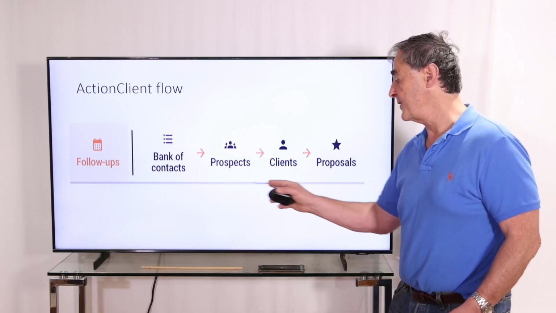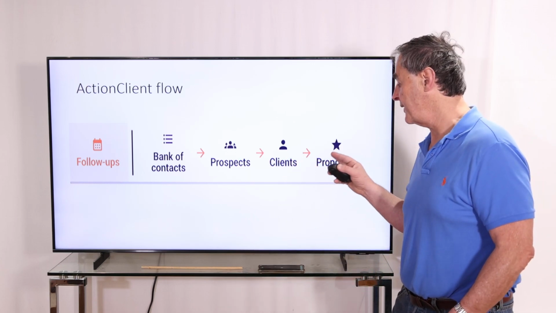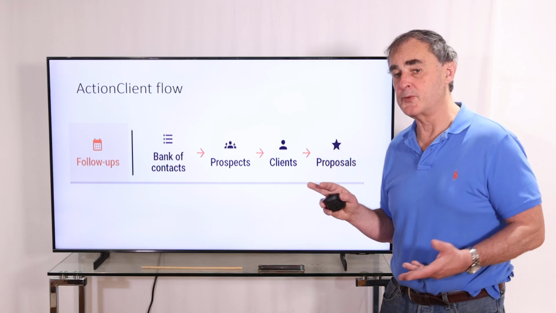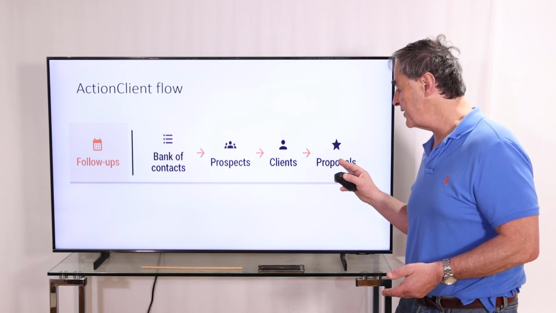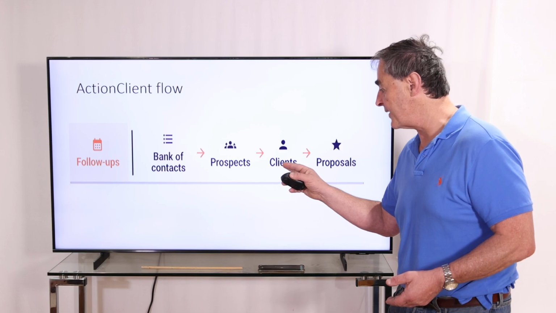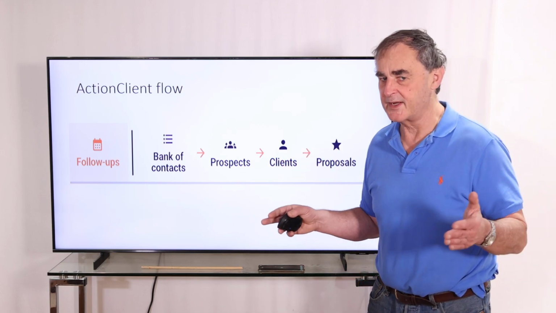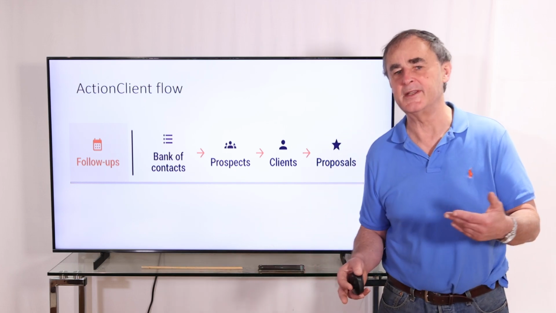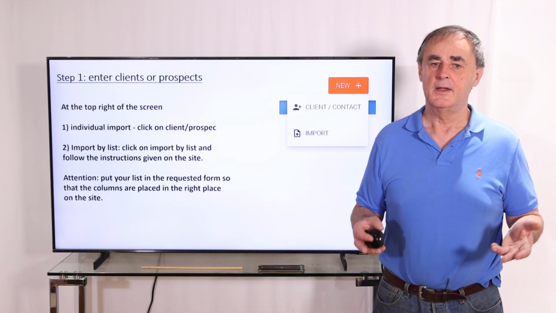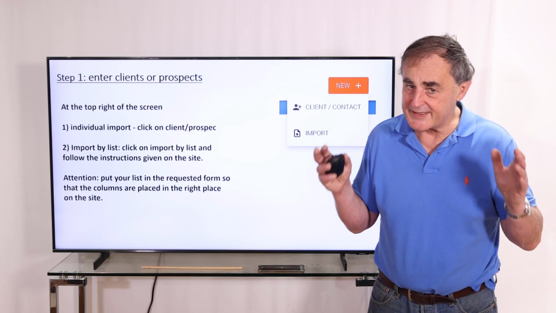But if a prospect made a proposal, it's going to become a client. And from the proposals, if the customer says yes or no, then it should get out and go back as a client or prospect. So it will be up to you to decide in which place it has to be, but that's the flow. So now we're going to go step by step.